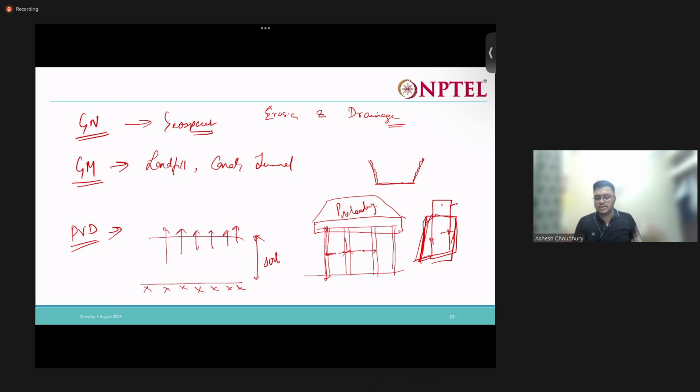So it reduces the length of the flow path, and thereby it accelerates the process of consolidation. These are used extensively, and I also showed you how these are installed in the field, also the drilling machine.